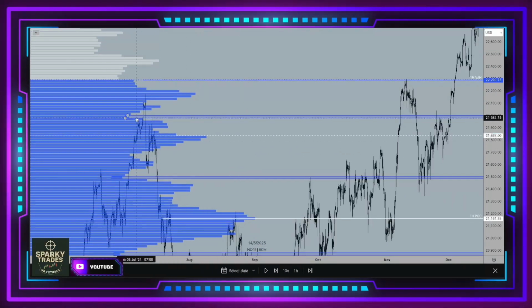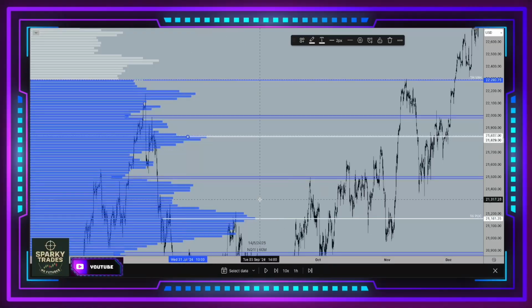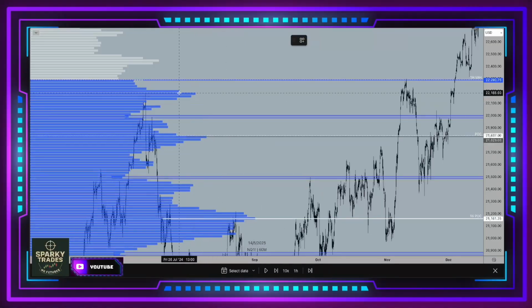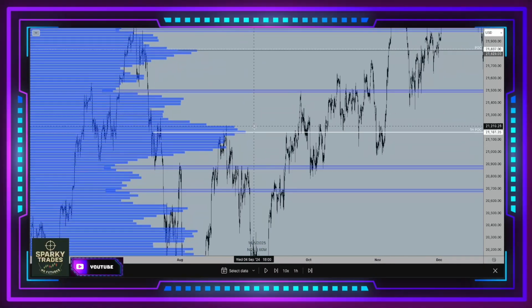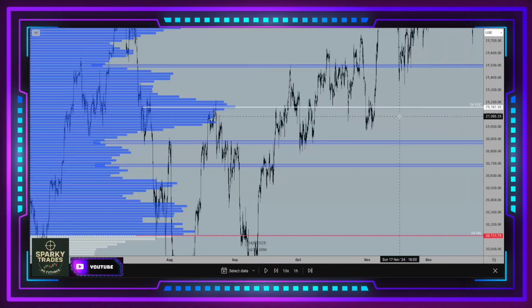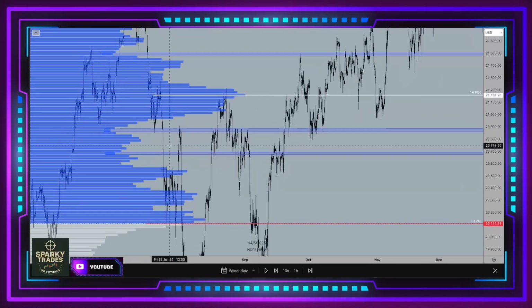Each one of these, between this and this could be considered a distribution. This would be the point of control of the distribution. So we're going to mark those out. This is the main point of control for the entire distribution.